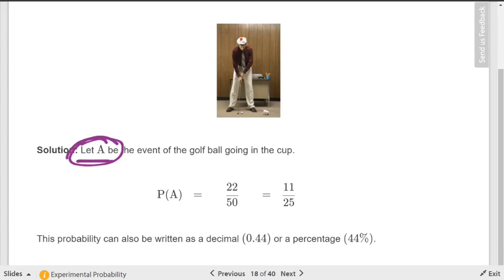But if it says specifically let A be that, and you typed in probability of in the cup, guess what's going to happen? It's going to tell you you're wrong, and you're going to be going, why? My math is perfect. It's because of the notation. Okay? Well, but remember also on the assessments, it could do that too. So get used to it.